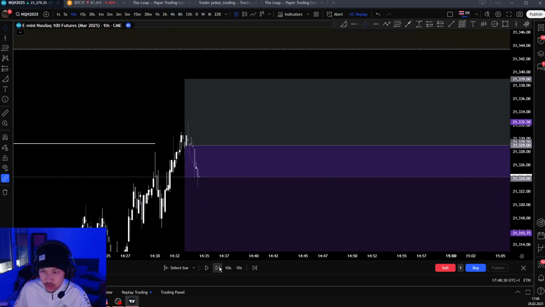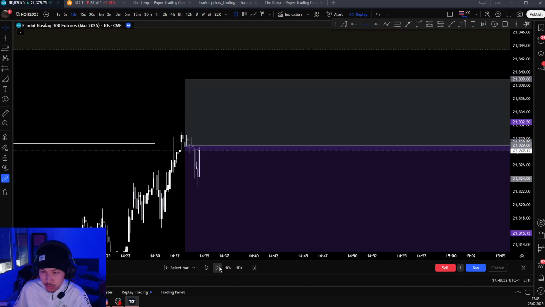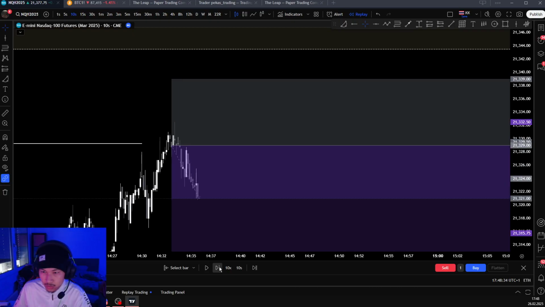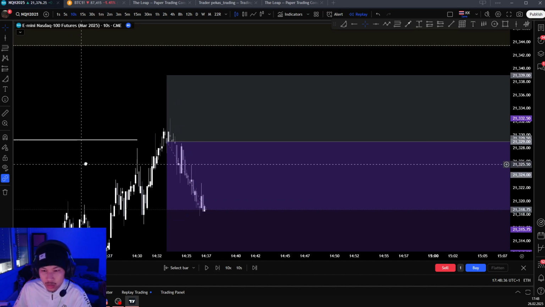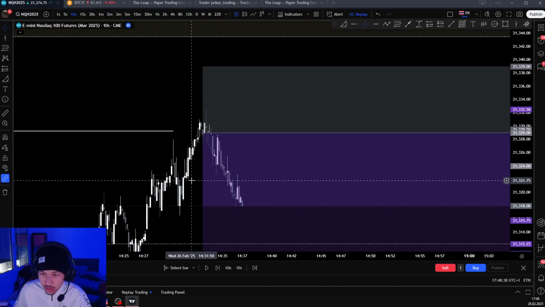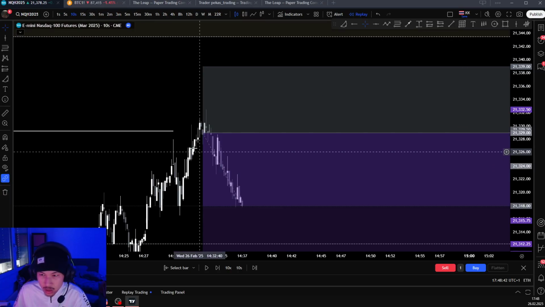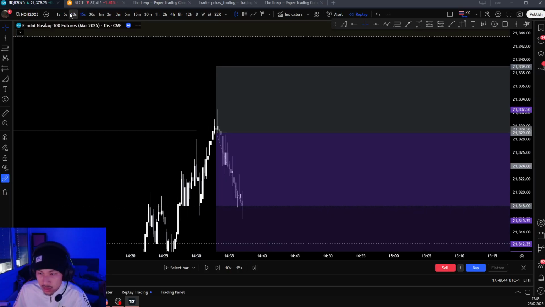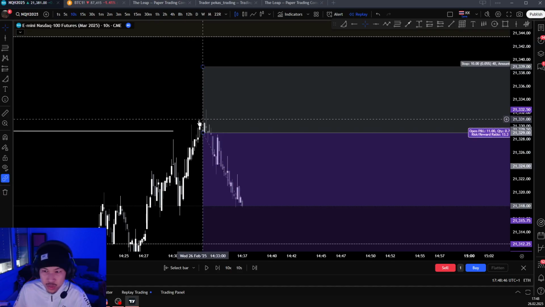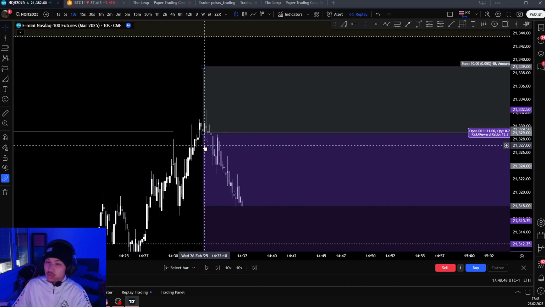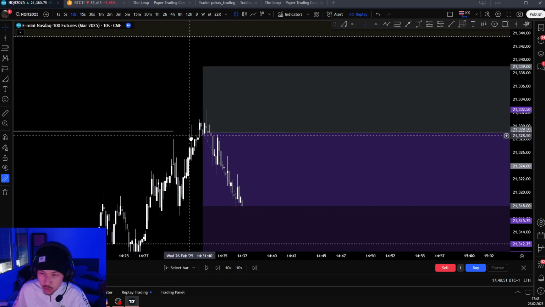Then had an inverse fair value gap here. Or maybe I took it a bit earlier on this one. Yeah, sometimes I just go after a first bearish candle, but it's riskier, but the volume wasn't that big here.